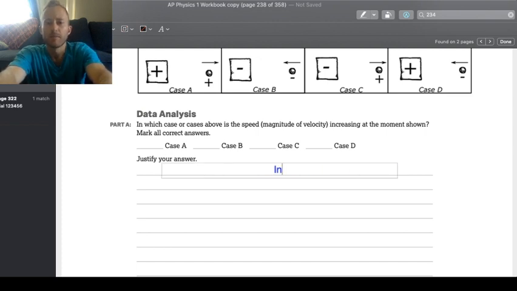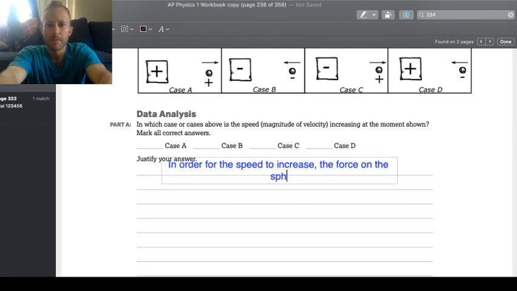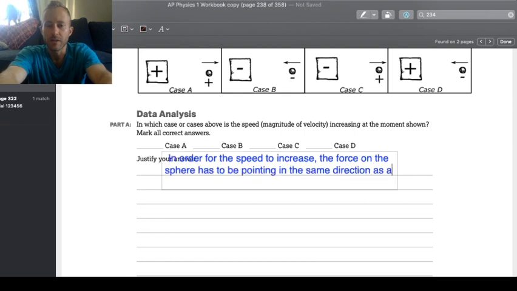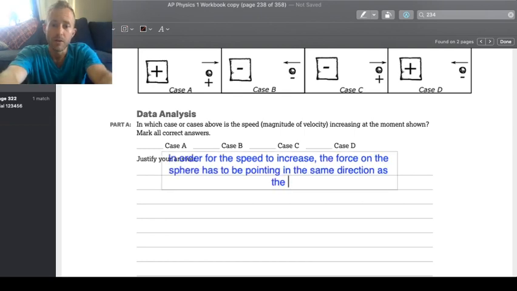In order for the speed to increase, the force on the sphere has to be pointing in the same direction as the velocity of the sphere.